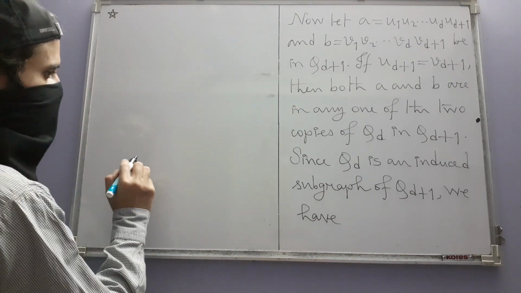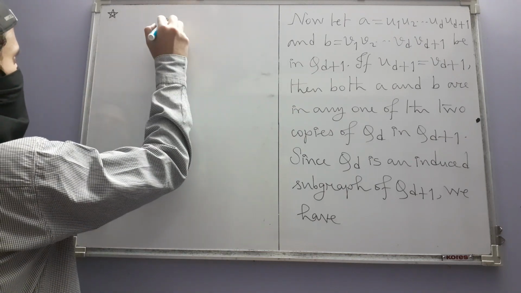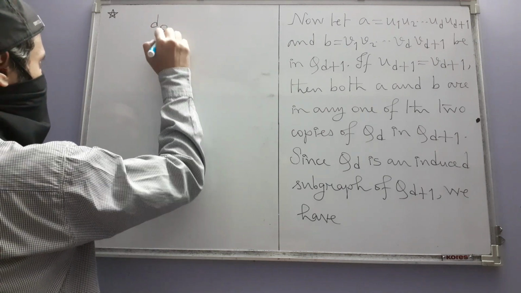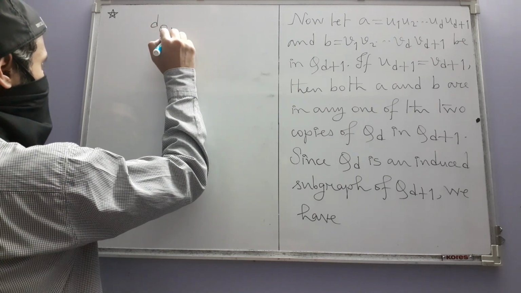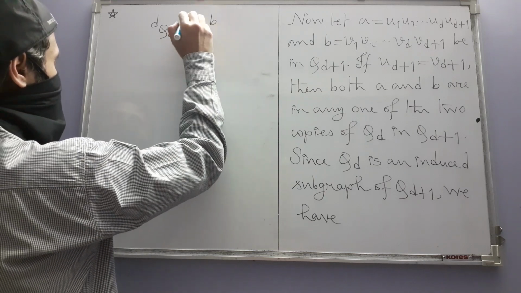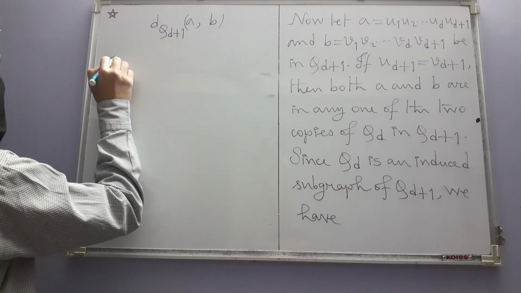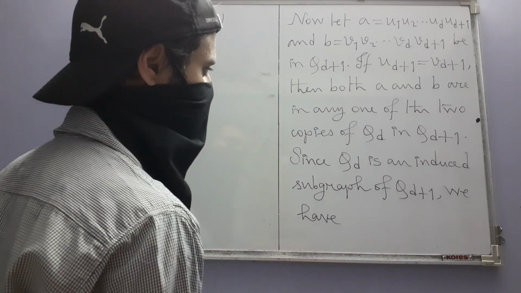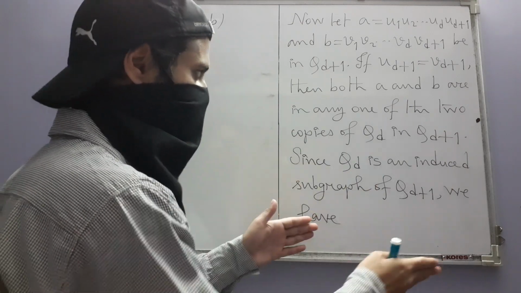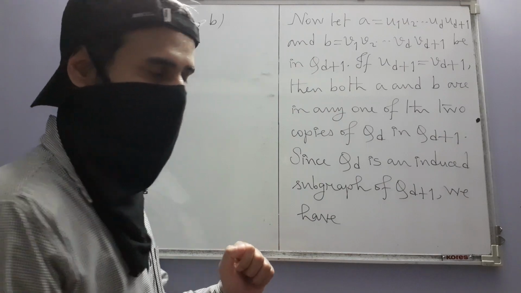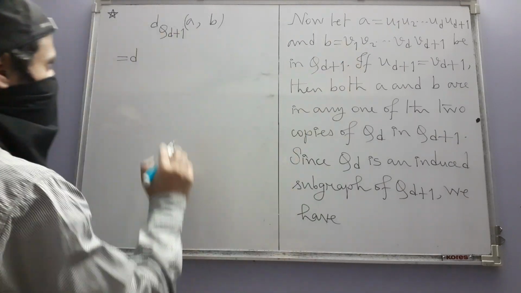So what we are trying to now say is this: the distance between A and B in QD plus 1 is equal to the distance between their corresponding vertices in QD, in the copy of QD where these two are lying.